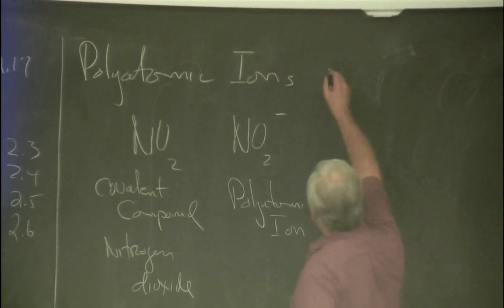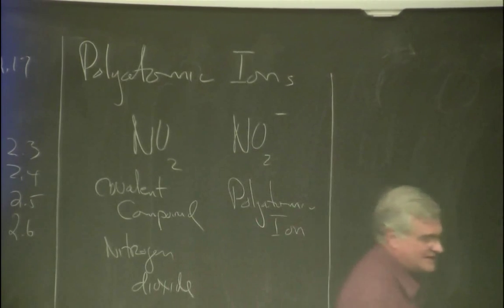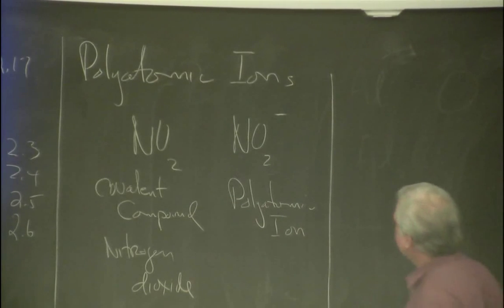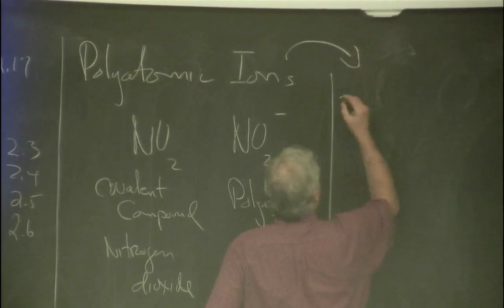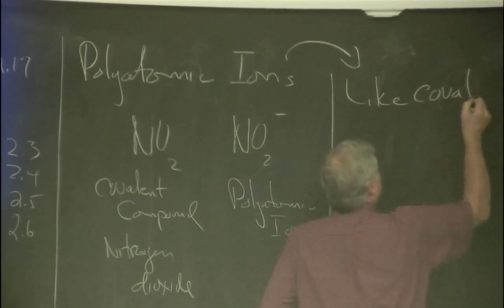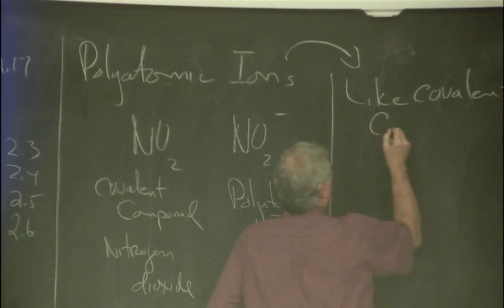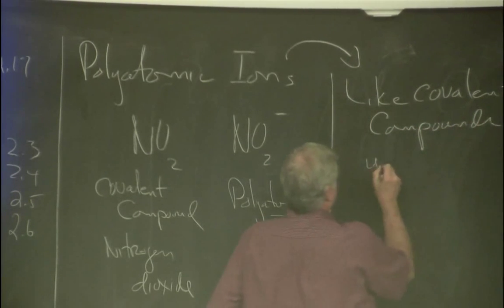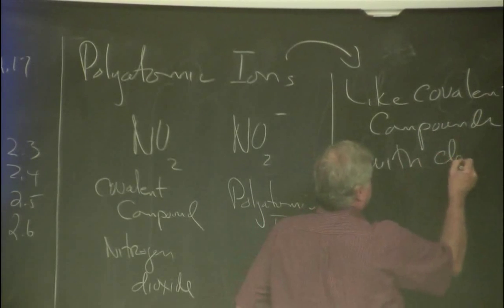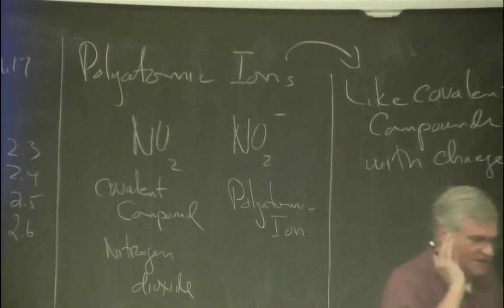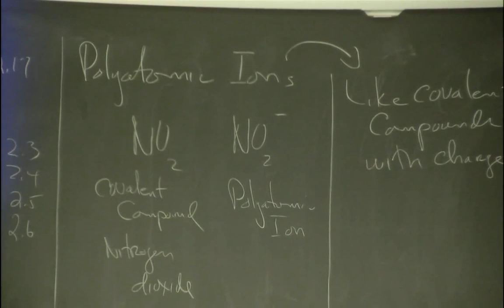All right, so let's talk about this now. We think of polyatomic ions as covalent compounds with a charge. Think of them that way. They're still called ions, even though they're covalently bonded together, because they have a charge.